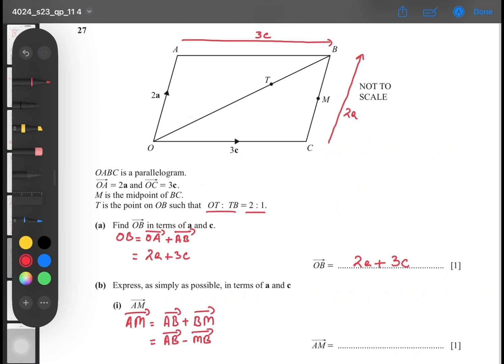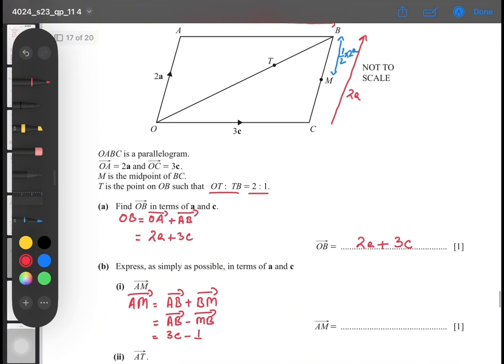So AB is 3C, but for MB, we know that BC is 2A and M is the midpoint, so BM is half of 2A. So it is 1 over 2 into 2A. I can simplify it. So the answer is 3C minus A.